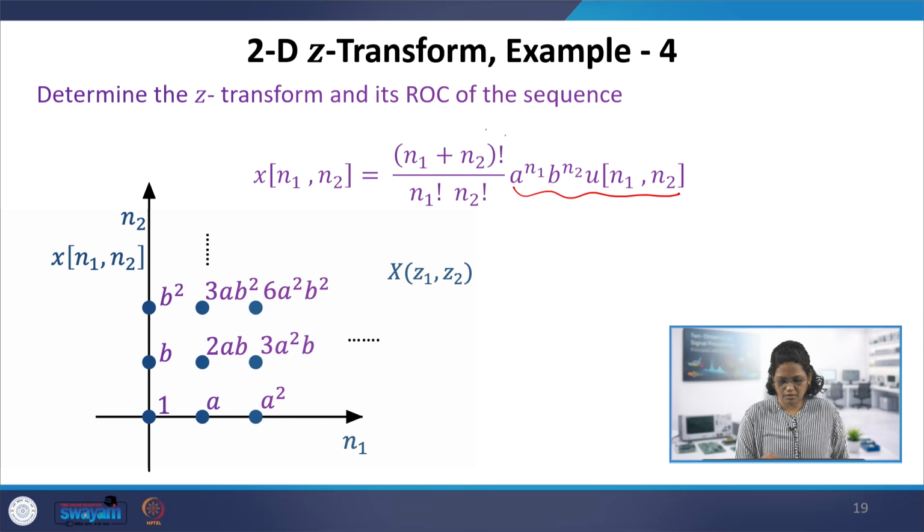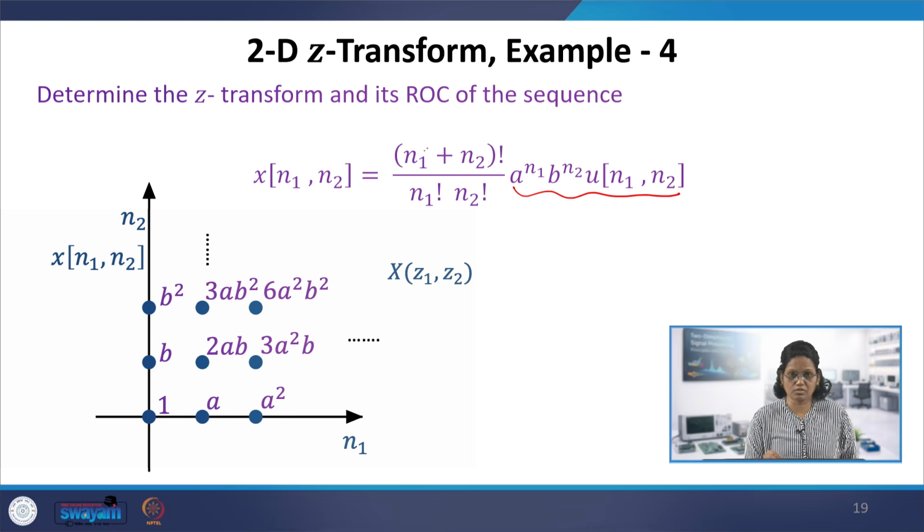So if we consider this and plot the sequence, we had seen u of n1, n2, and it would have the values a, b depending on n1 and n2. We have plotted it, solved it, and also found the Z transform through the separability concept.